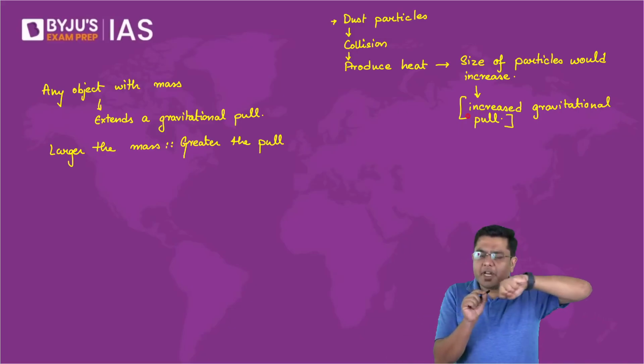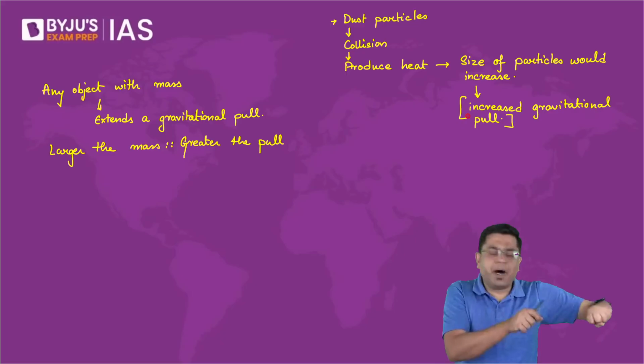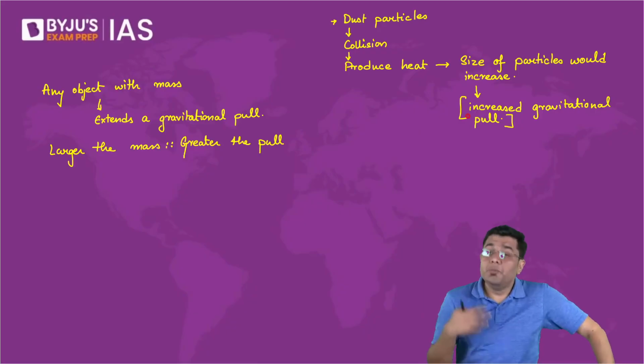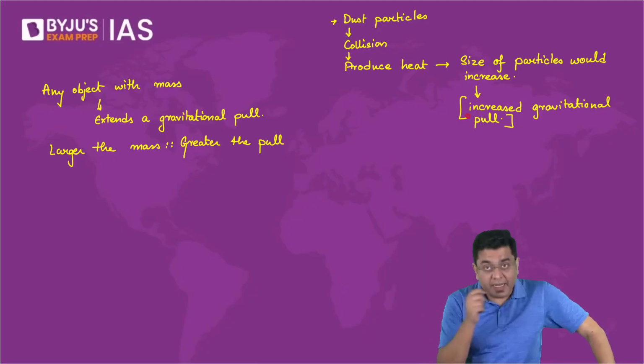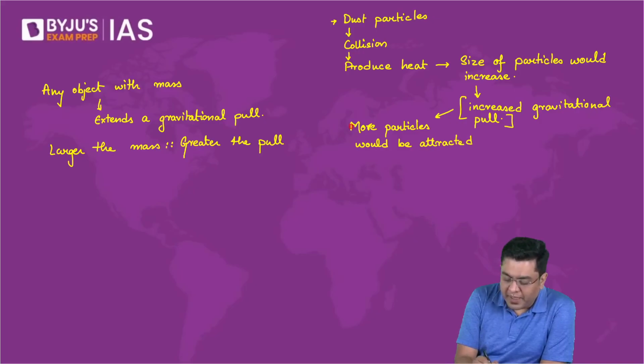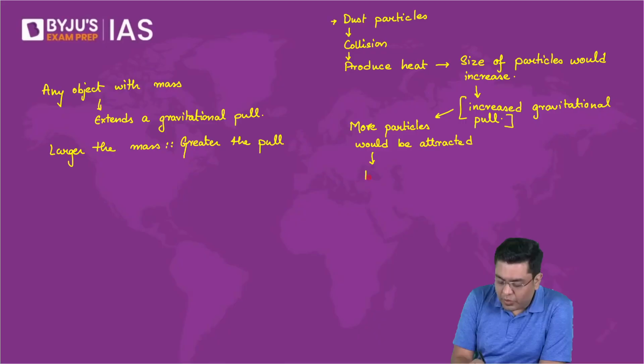Wouldn't it mean that these particles would get attracted? So, increased gravitational pull means more particles would be attracted. More particles attracted means a greater number of collisions, isn't it?